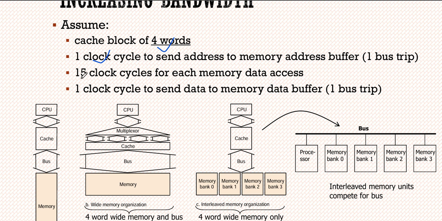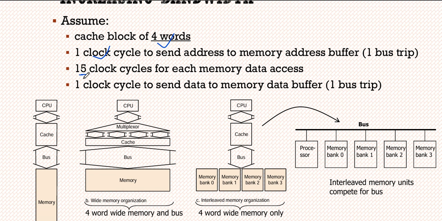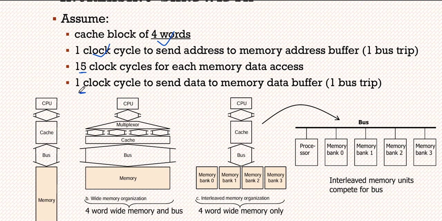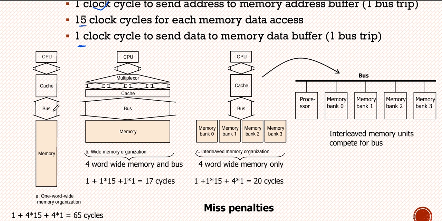And also, it takes 15 clock cycles for each data memory access. So for each location you access, you need 15 clock cycles, right? And then the third one is that once you access the data, you also need one clock cycle to send the data from the memory to the data buffer, right? From the memory to the bus.